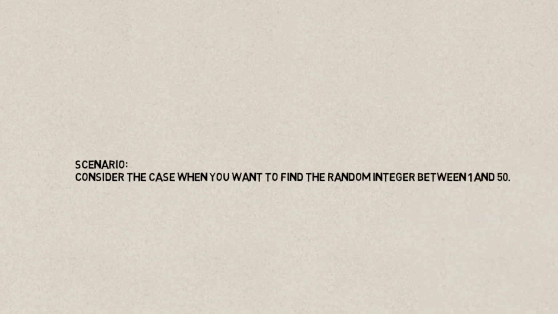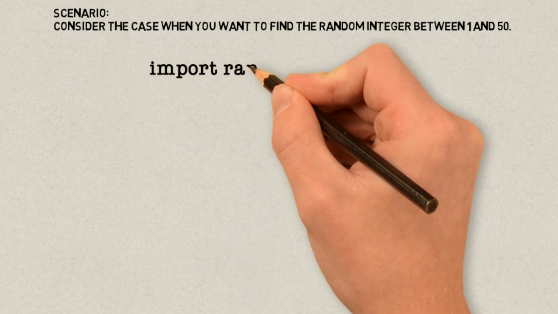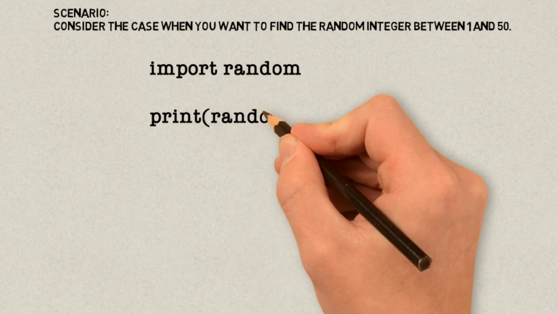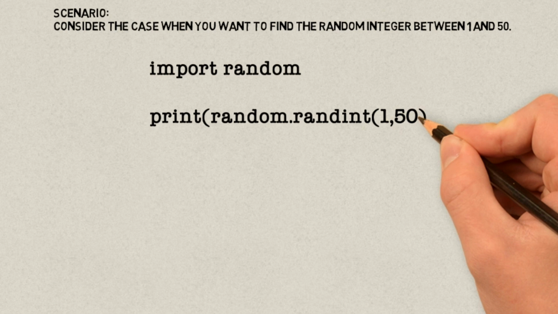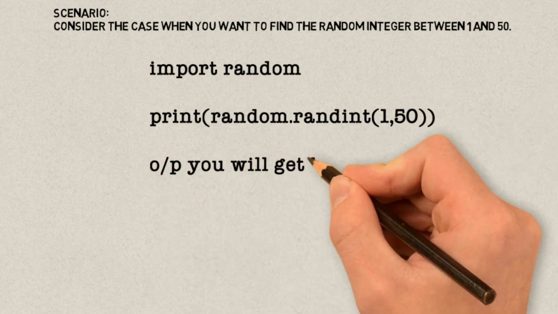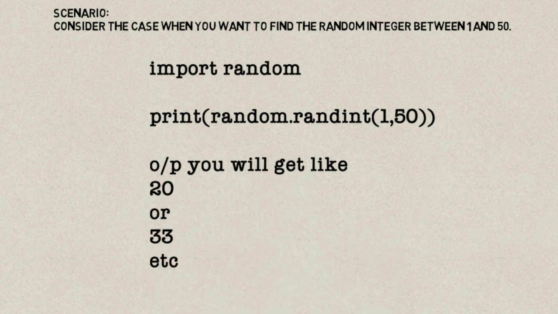So for 1 and 50, we will write the program: import random, print random dot randint. You will provide the range like 1 to 50. The output you will get is between 1 and 50, either 20 or 33, etc. You can provide any range like 2 to 200, 4 to 200.